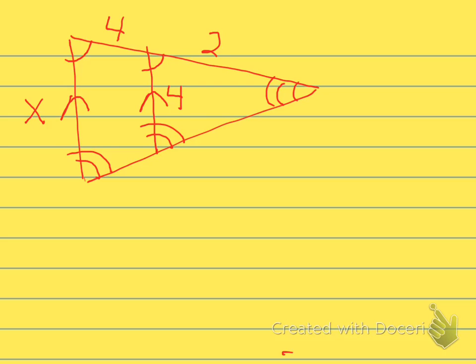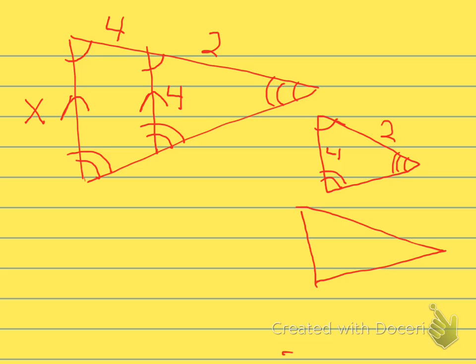To see what ratio to set up, let's take a look at the little triangle, which has sides of 2 and 4. I'll transfer the angle marks back. And let's take a look at the big triangle on the outside. It's got the 1 mark angle, the 2 mark angle, and the 3 mark angle also.